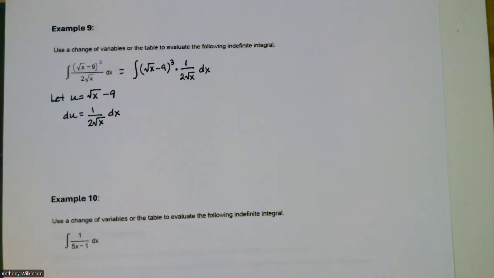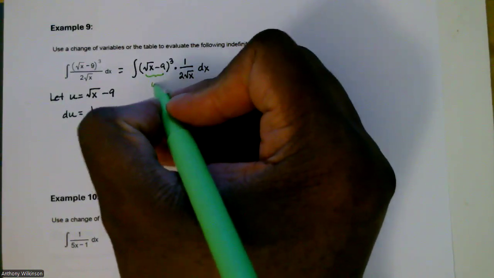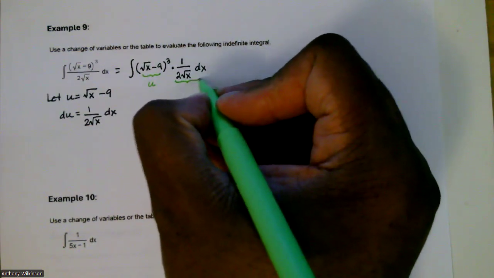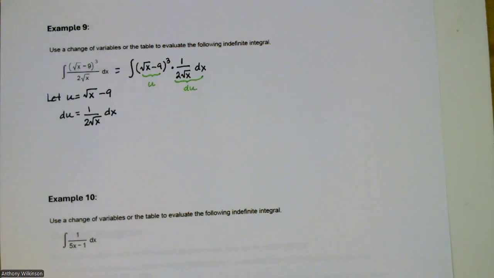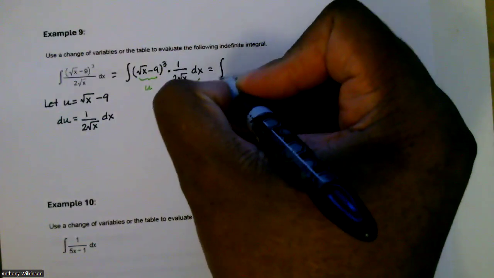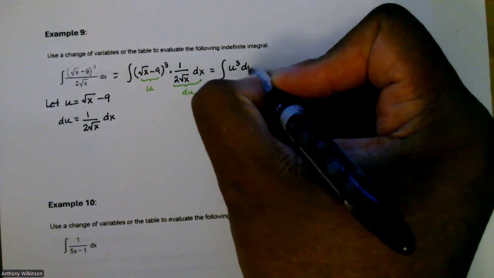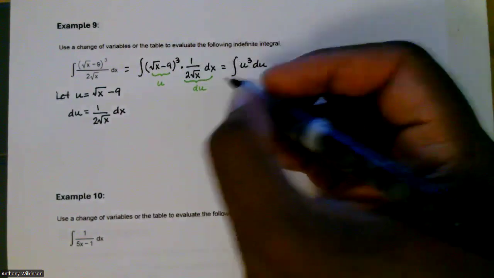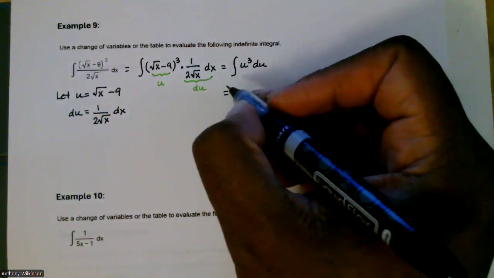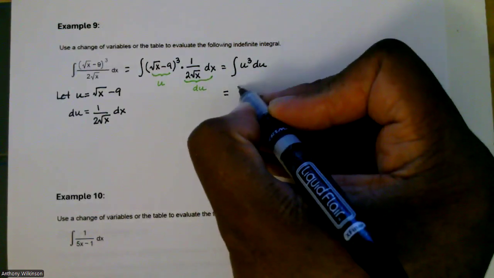So now let's go ahead and do our substitution here. Square root of x minus 9, that's your u. And 1 over 2 square root of x dx, that's going to be du. So here's what I'm going to have: the integral of u raised to the 3rd times du. So now I can apply the power rule to integrate u cubed du by increasing the power by 1.